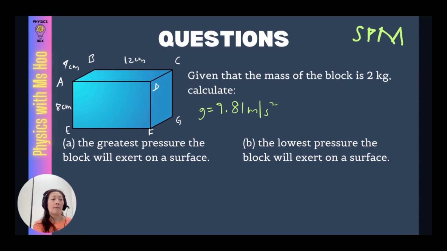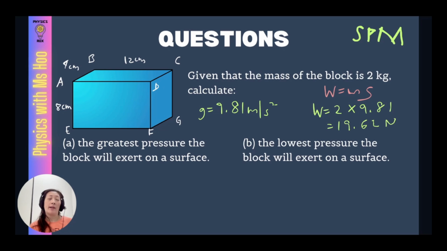We're still going to use the same formula of W equals mg. So let's calculate the weight first. So the weight is 2 times 9.81, which gives us 19.62 Newton.